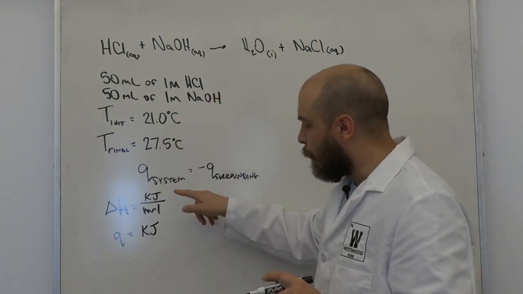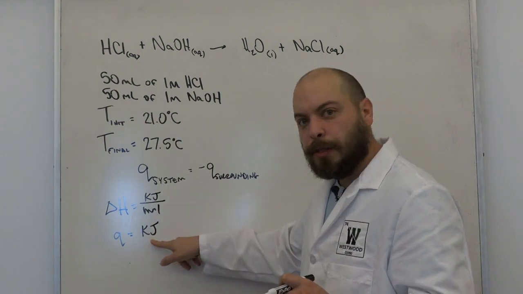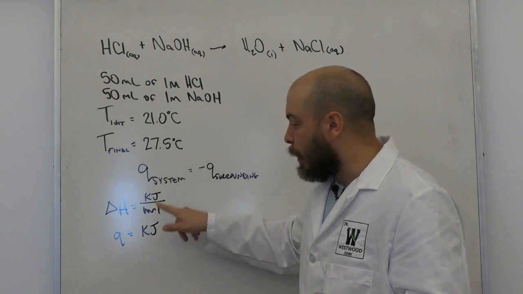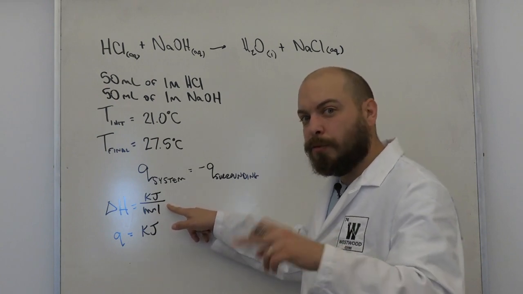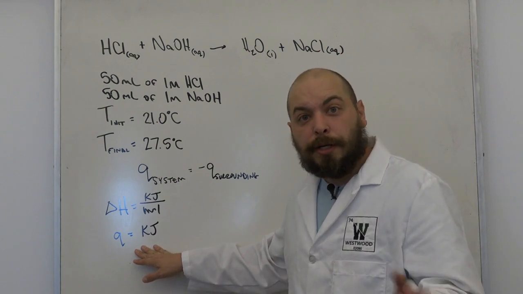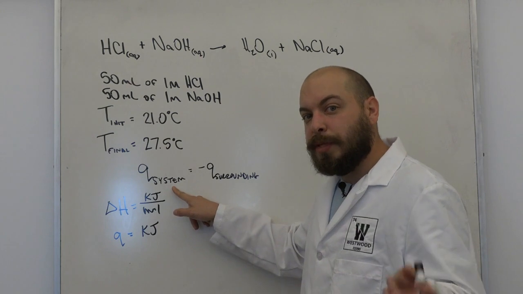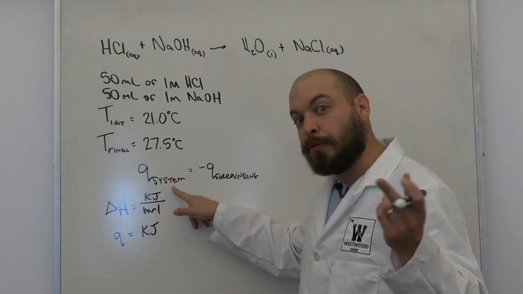Well, if delta H is kilojoules per mole and Q is just kilojoules, then it would stand to reason that delta H times the number of moles would represent my Q. And that's actually going to be the case. So my Q of system, in this case, is going to be the delta H of the system times the number of moles.